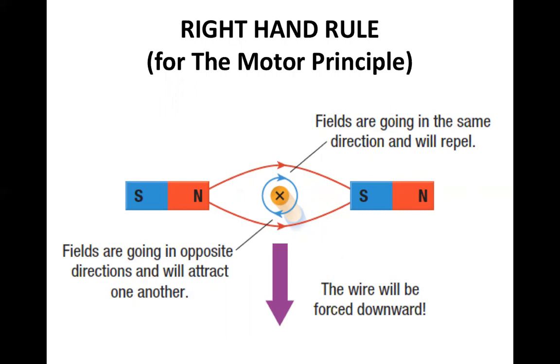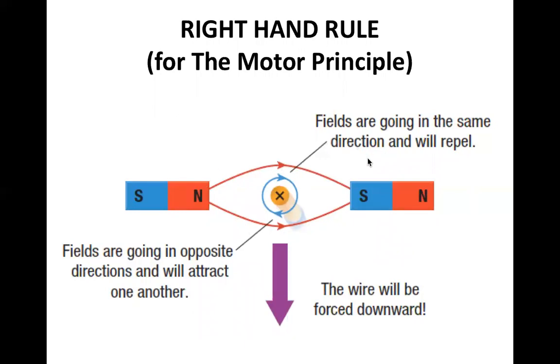And if we were to switch the north and south poles, then we would get a force up. Or if we were to switch the current direction to a dot out of the page, then the force would be up.